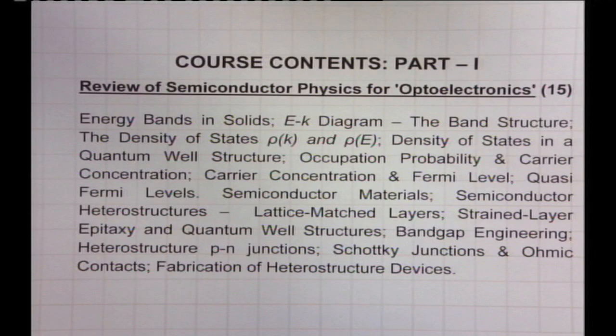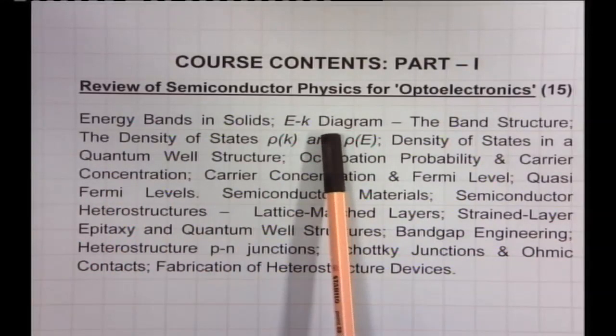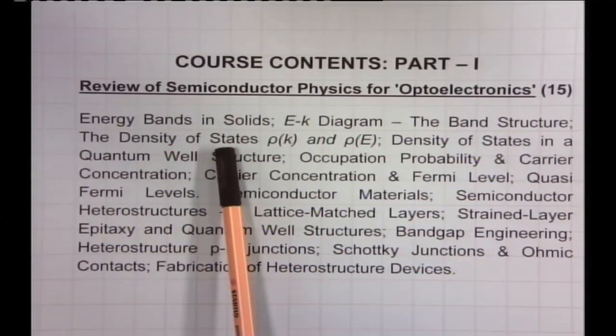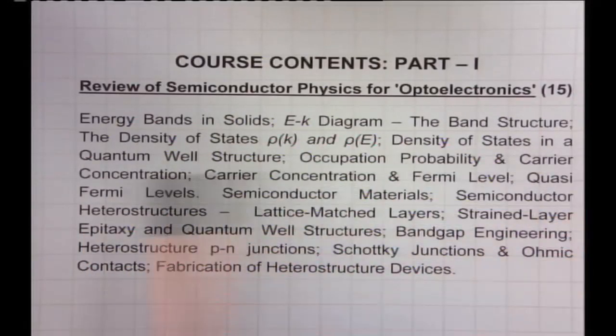So let me give you the contents of this course. The course will have 4 parts. In the first part, we review essential semiconductor physics for optoelectronics. We start with energy bands in solids, the E-k diagram, the band structure, and the density of states in quantum well structures.